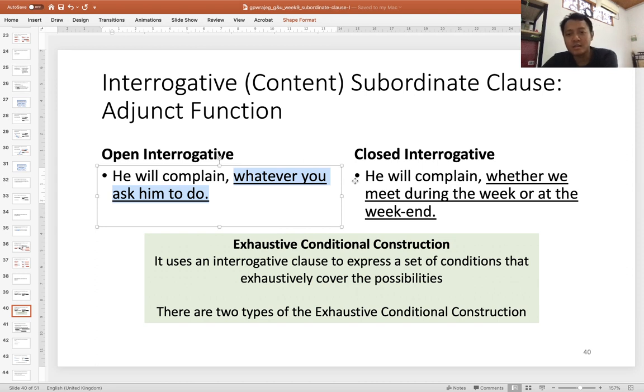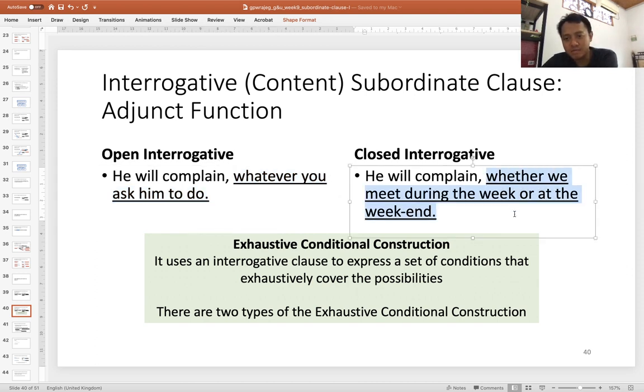While in this closed example, the interrogative subordinate clause with whether is used to express two conditions: meeting during the week or at the weekend. These are two conditions that can trigger him to complain.